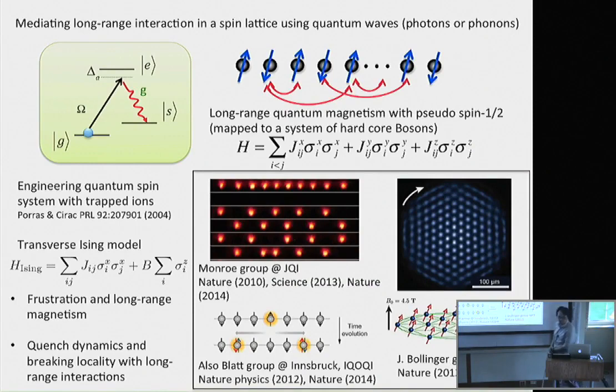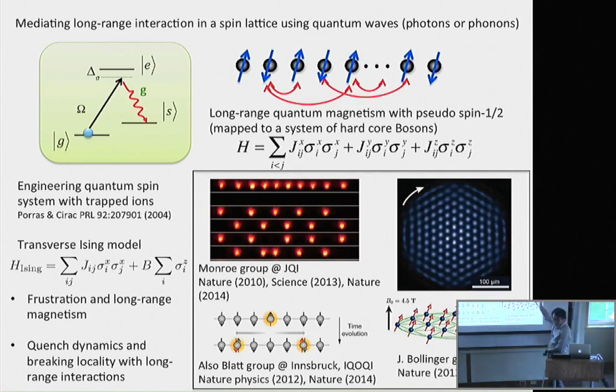For example, with trapped ions, people have been using phonons to mediate interactions. They have been able to engineer spin models and see wonderful results like frustrated magnetism or quench dynamics that break locality with long-range interactions. So I'm very interested in doing this kind of experiment.